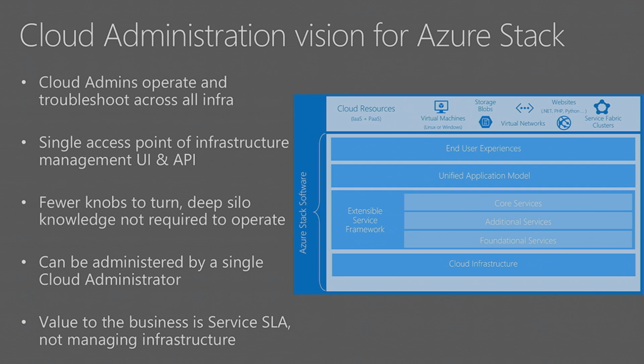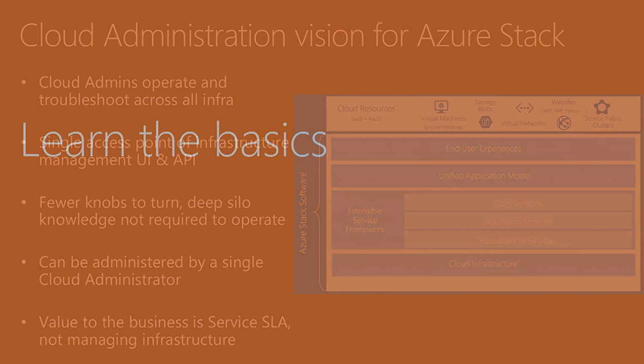We'll offer fewer knobs, so it's much easier for you to come up to speed on the technology and to operate that technology. And it can be managed by a single admin. And the value to the business in this is in the service SLA, not in managing the underlying infrastructure. It's those top-of-stack services that you're offering to your tenants or your business organizations. That's where you want your focus.